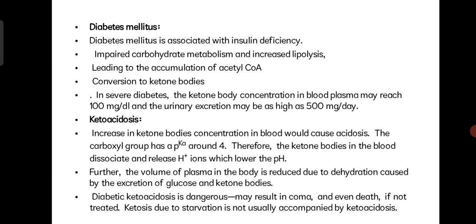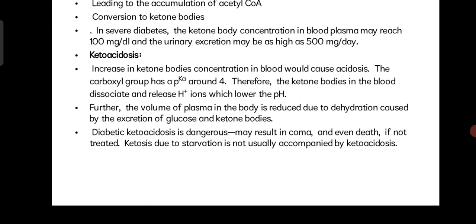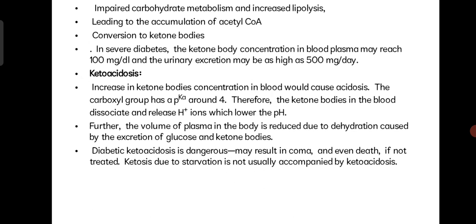This results in the accumulation of acetyl-CoA, and finally the ketone bodies will form. That is diabetes mellitus. Next is ketoacidosis. Ketoacidosis means the ketone bodies will increase in our blood, and this results in ketoacidosis.